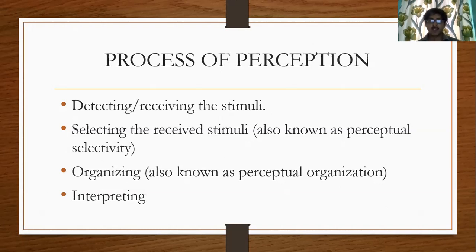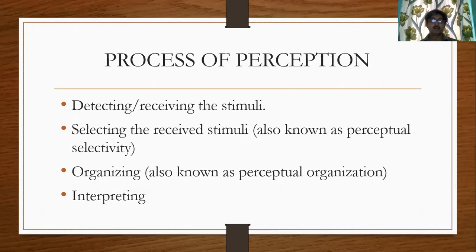So the first time he got that experience, that external factor will act like a stimulus. So in case of perception, the first step will be receipt or detection of that kind of stimulus. Stimuli can be internal as well.